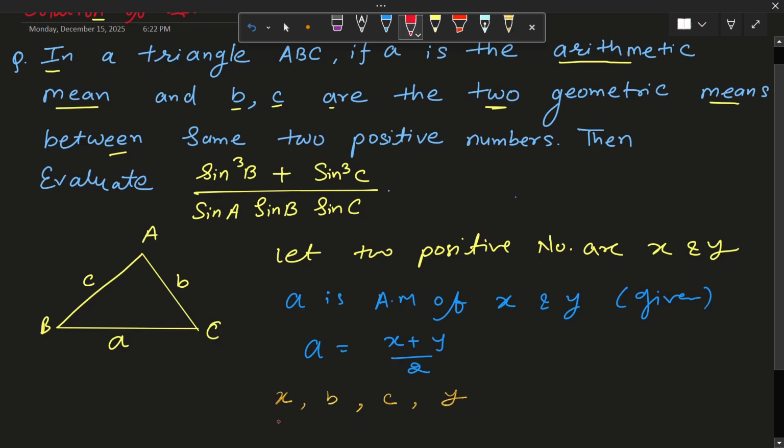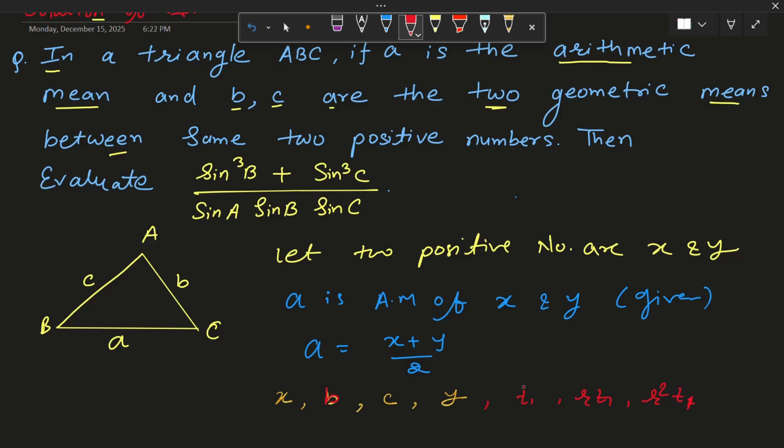If I ask you to write the value of B in terms of x, what will you write? Do you remember, if the first term is a or T1, the second will be r times T1, and the third will be r square times T1.